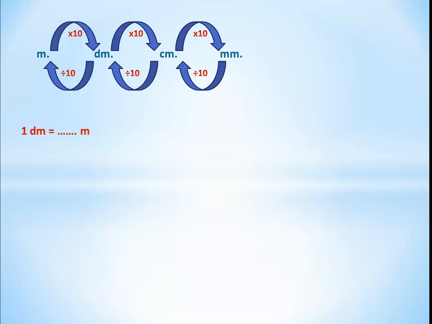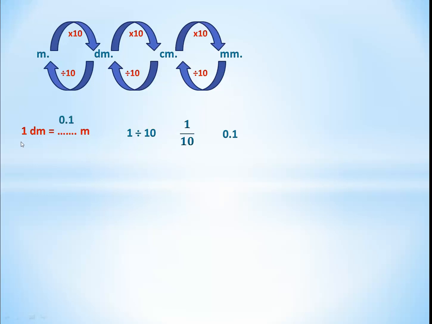If we have 1 decimeter and I want to convert it into meter, it means backward, so we are going to divide by 10. 1 divided by 10, or 1 over 10, can be written in decimal form as 0.1. So it will be 0.1.